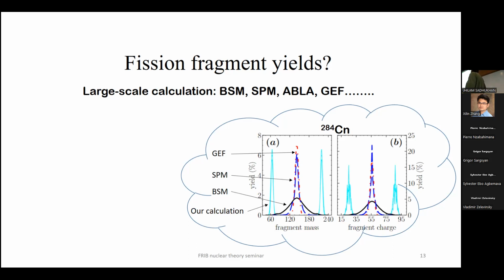But in other models, we get symmetric distributions, whereas this DSM predicts a very broad distribution. On the other hand, the fission point model, which does not involve any dynamics, gives a very narrow and sharp peak. So there are discrepancies in different models.